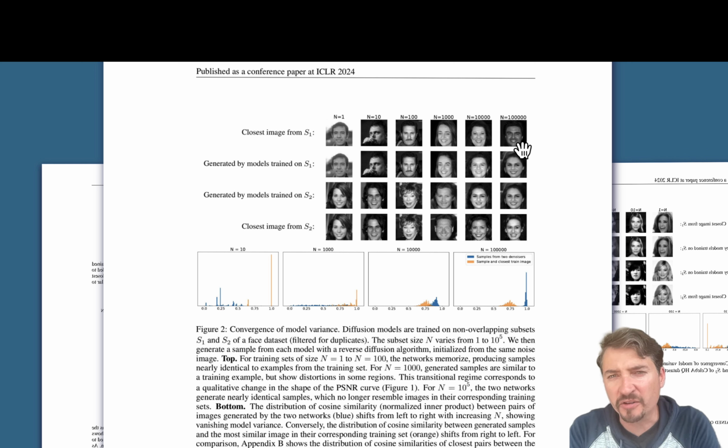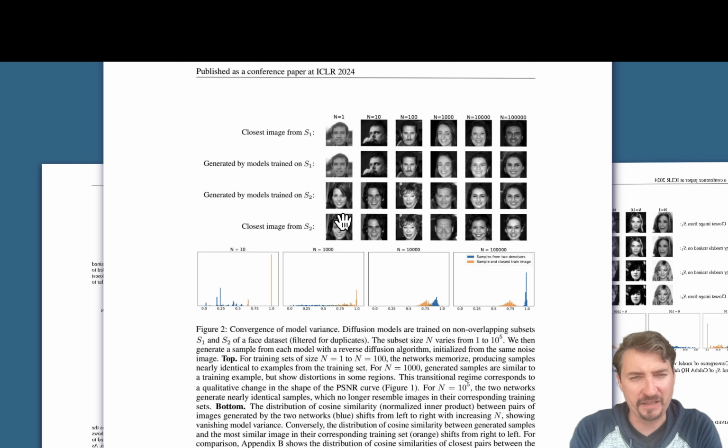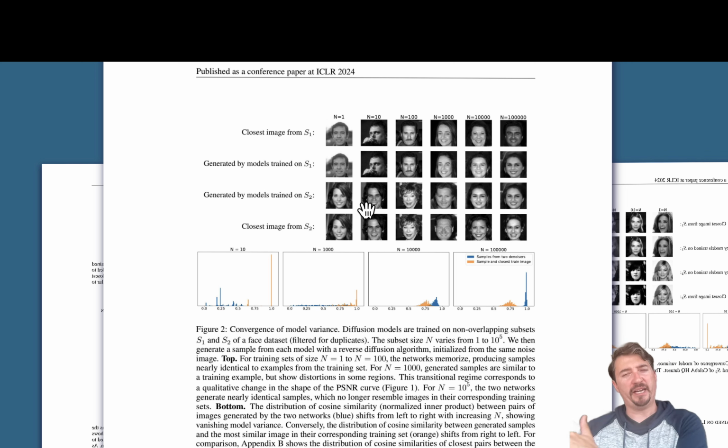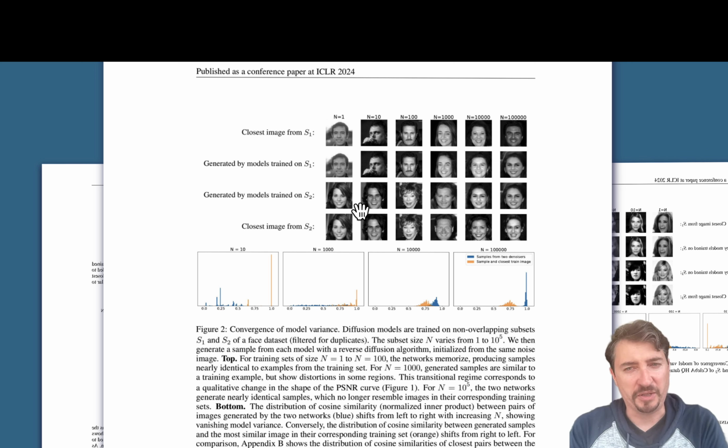So with 100,000 samples, you're coming up with something different than the original. Okay, and then you see the same thing here. With a small amount of data, it's pretty similar to the original. Actually, in this case, this is the original, sorry. And then this is the generated, and then it becomes quite different. So you've already got the situation of more data producing something that's different from the original data.